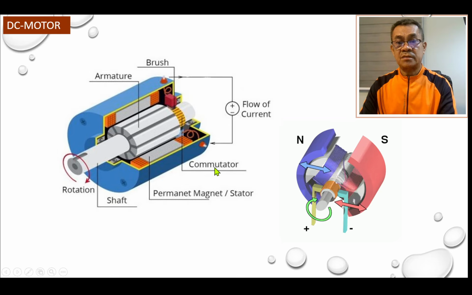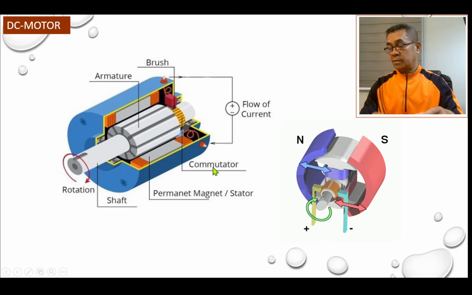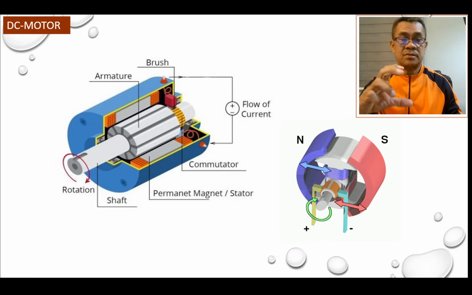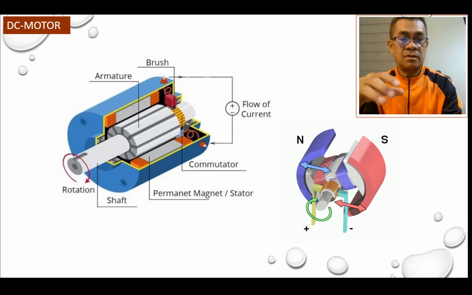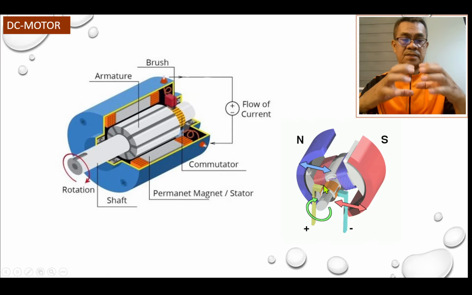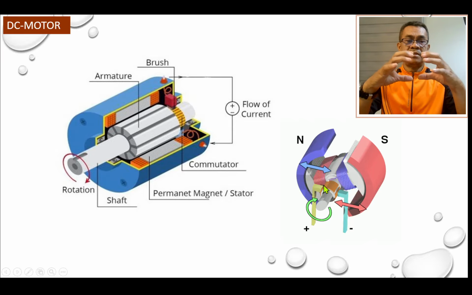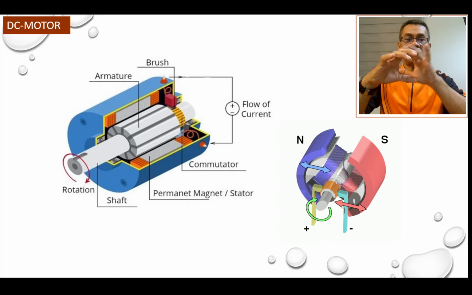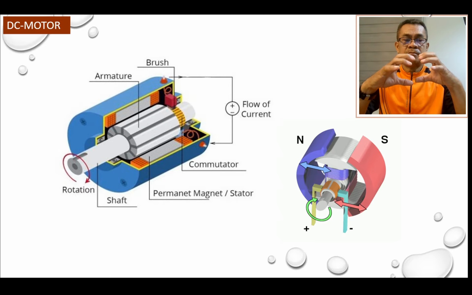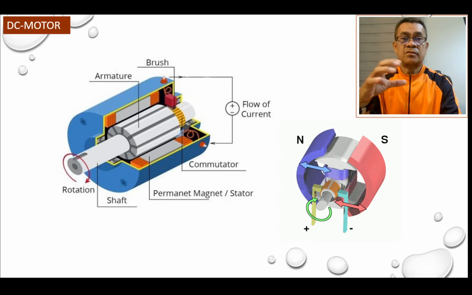The armature has the commutator. The commutator forms a kind of semicircle. Notice here, we have that circle, but it is separated into two semicircles. We have the gap, and these are conductors. So commutators are conductors, and the commutator will contact the brush.